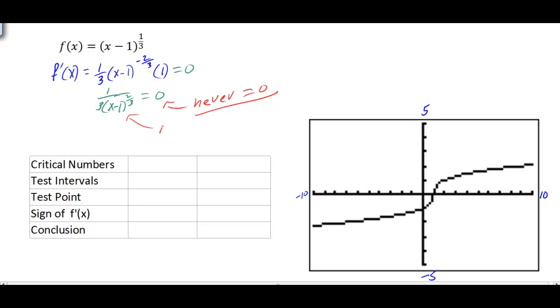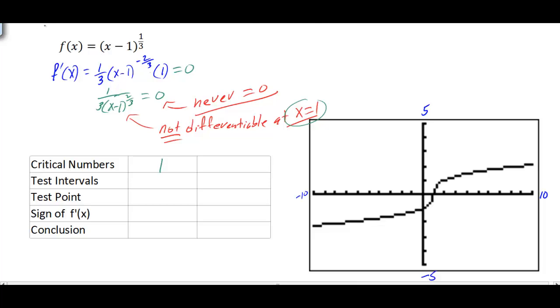So that tells us our equation is not differentiable at x equals 1. And remember, if your first derivative is equal to 0 or if it's undefined, if it's not differentiable at a point, that's going to give us a critical number. So our critical number is 1 because it is not differentiable at x equals 1.